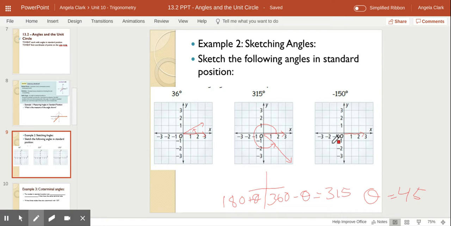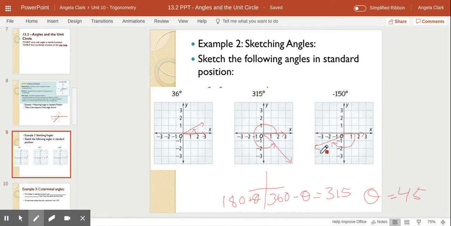It's going to have to be 30. So 30, again, is less than 45. So I'm going to just do something less than 45. This angle, right, is less than 45. This is the actual angle, right, which is the negative 150.